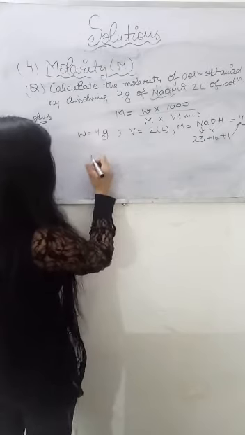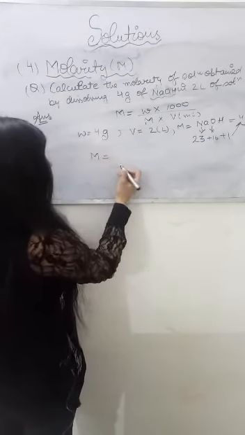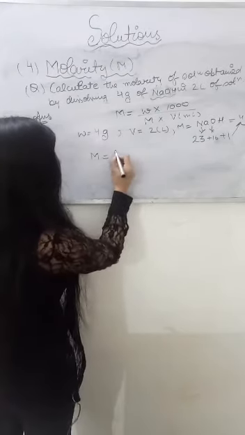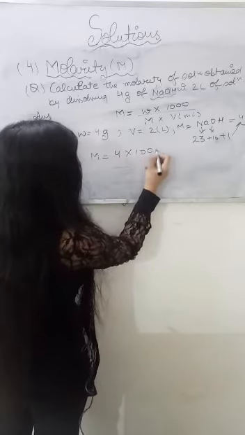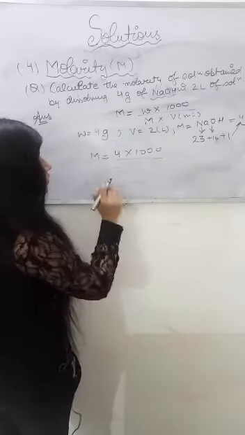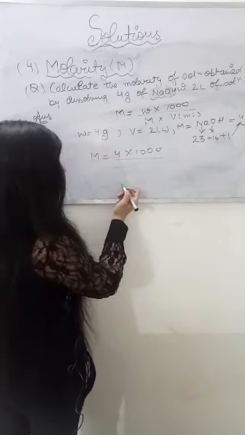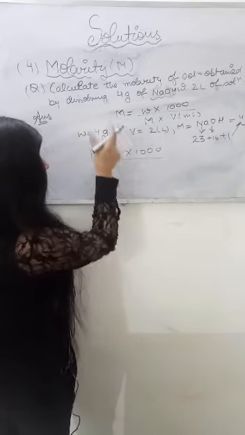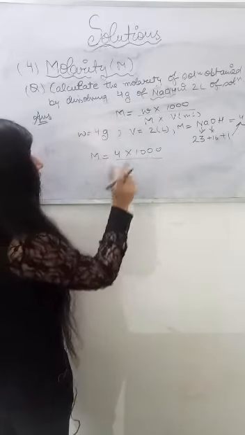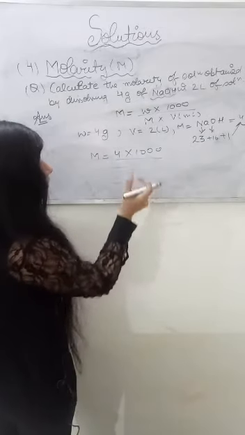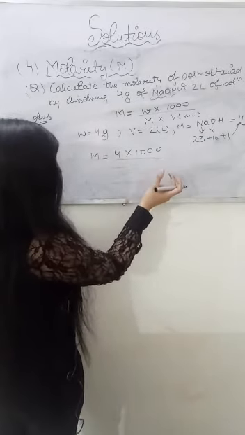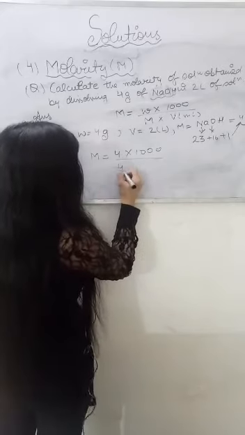Now we can apply the values in the given formula: W is 4 into 1000 by M, that stands for molecular weight. Please do not get confused between these two M's. One stands for the molarity and one stands for the molecular weight.